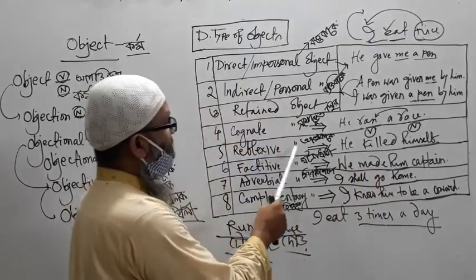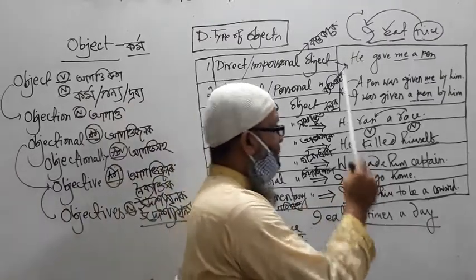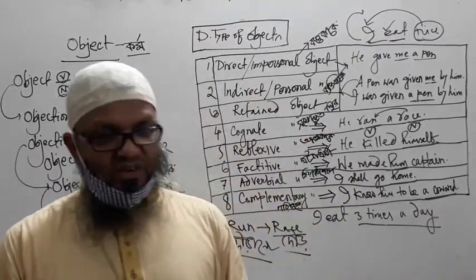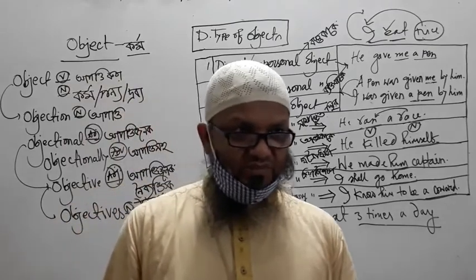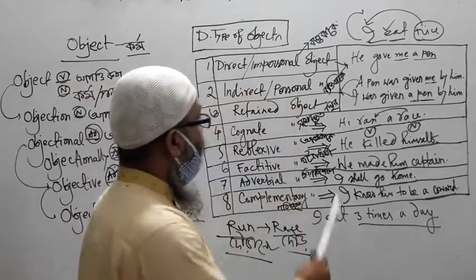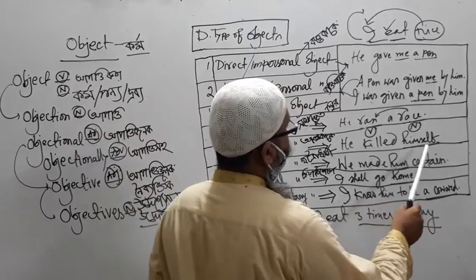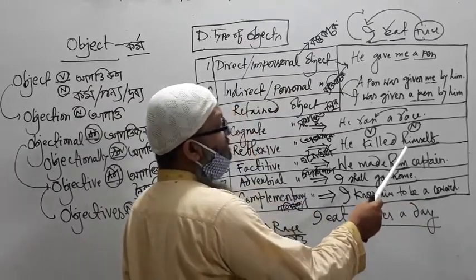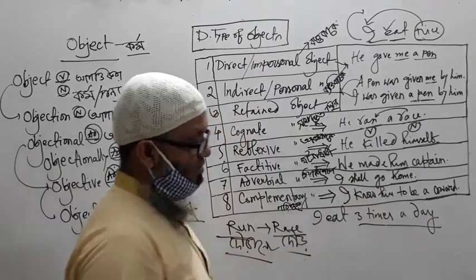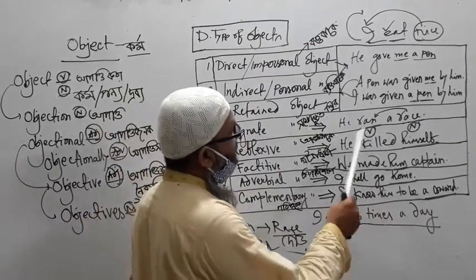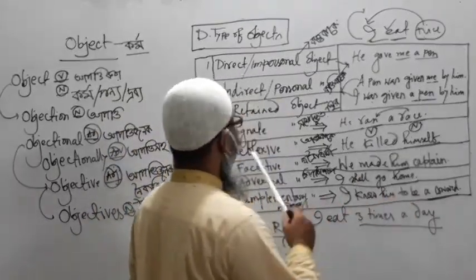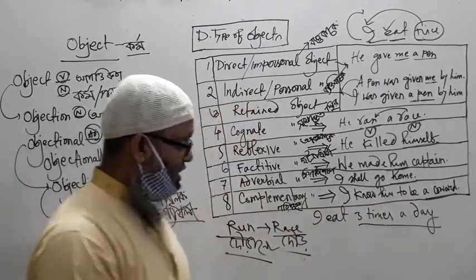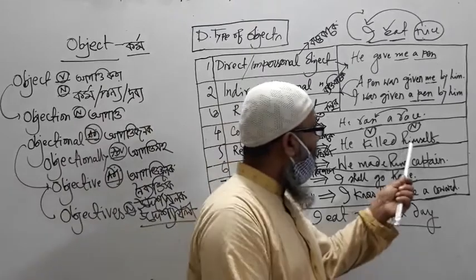And reflexive object, you know, he killed himself, that is myself, ourselves, yourself, themselves, himself, herself. If reflexive pronouns are the object of any sentence, then it is called a reflexive object. You cannot take a reflexive object as subject.